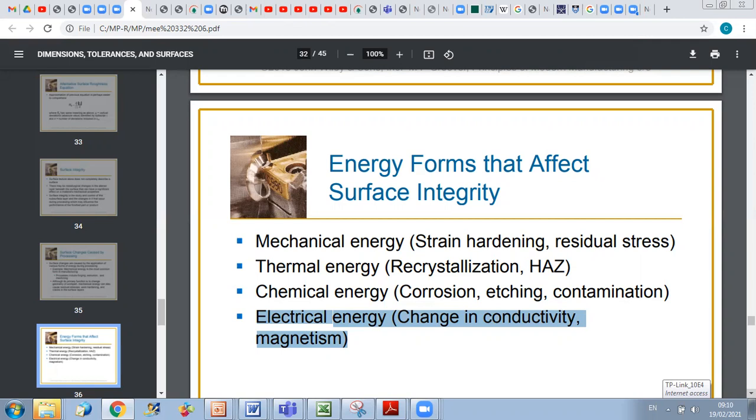Another form of energy is the electrical energy, which can cause change in conductivity or magnetism property of the material. So all of these energy forms can affect the surface integrity of the material.